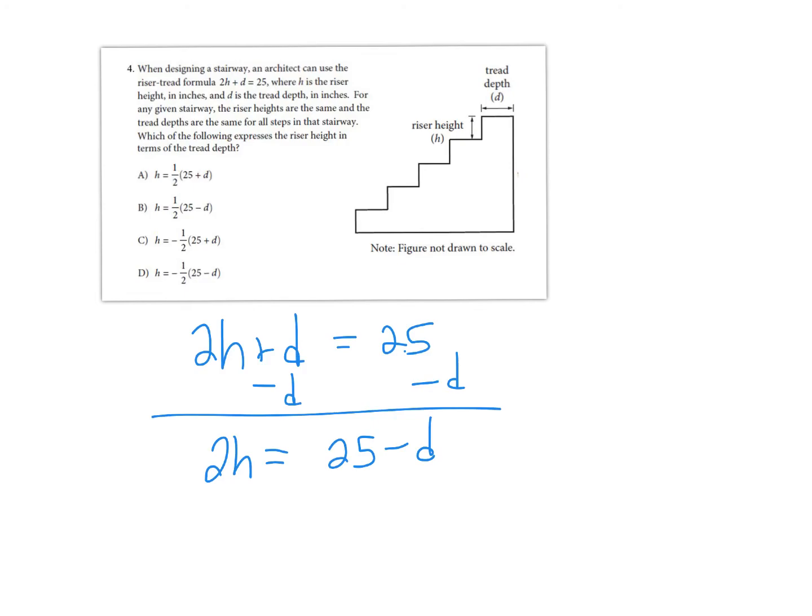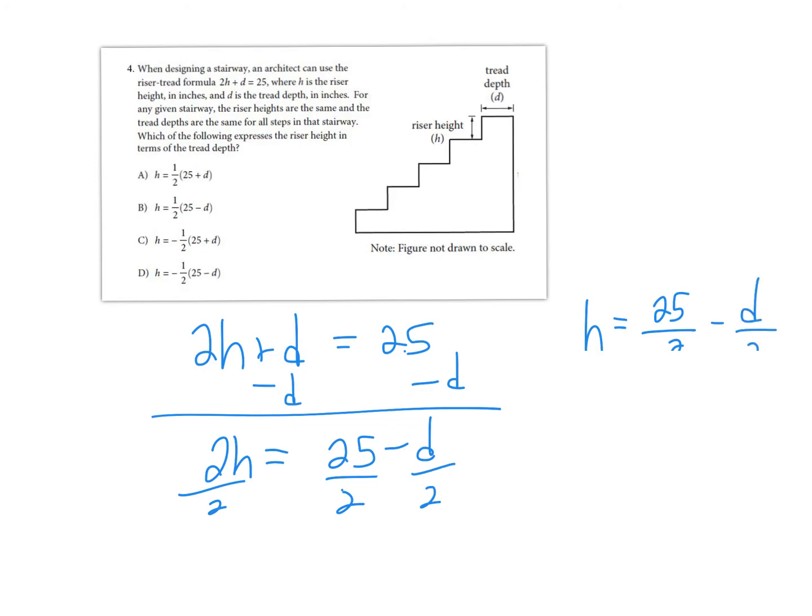Now we're going to divide this by 2. Oh, hold on a second. That's not right. Okay, so I divide this by 2, divide this by 2. So I get h is equal to 25 halves minus d over 2.